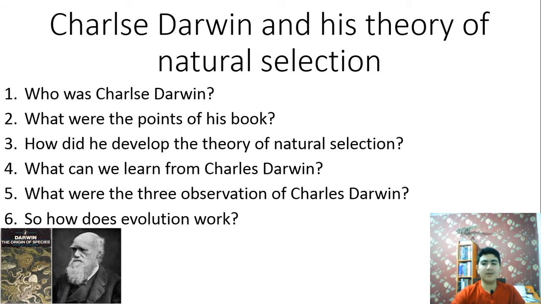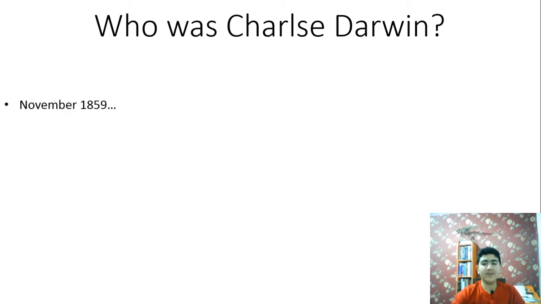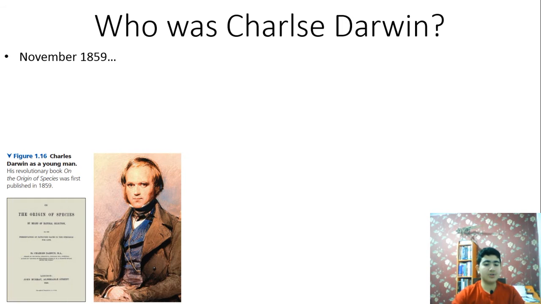It was November 1859 that an evolutionary view of life came into sharp focus when Charles Darwin published one of the most important and influential books ever written, about the origin of species by means of natural selection, as shown in this picture over here.